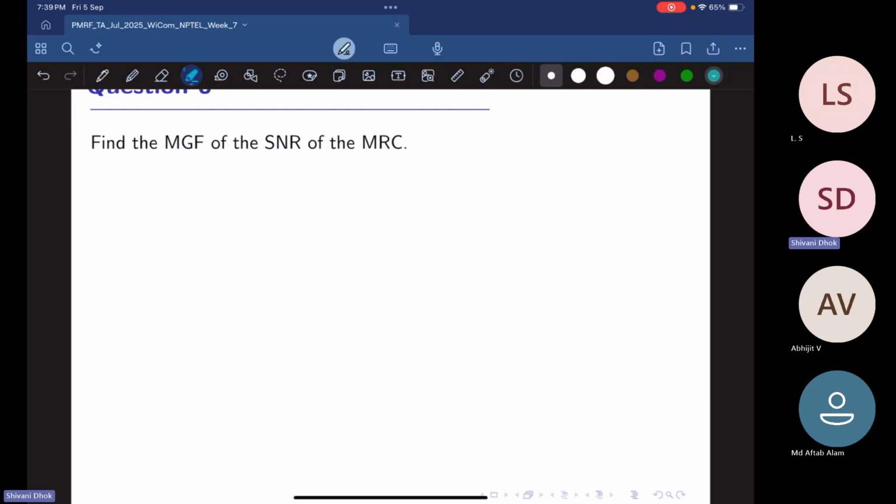This question says to find the MGF. MGF is what? Moment generating function. We had seen this last week. Of the SNR of the MRC.